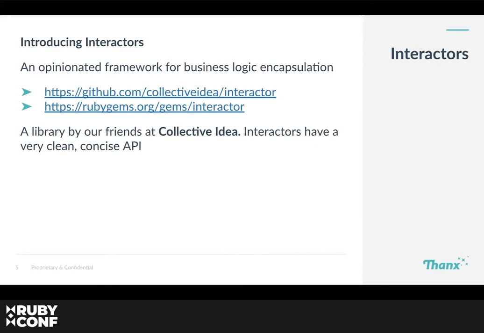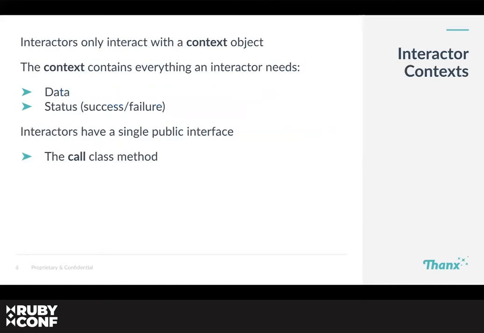Diving into what interactors look like, interactors primarily work with a single context object. A context object contains everything an interactor needs. It contains the data, and it contains success and failure status. Interactors have a single public interface, a call class method.